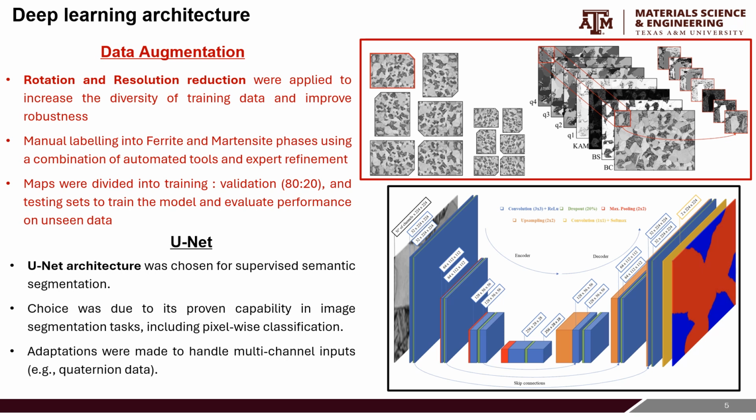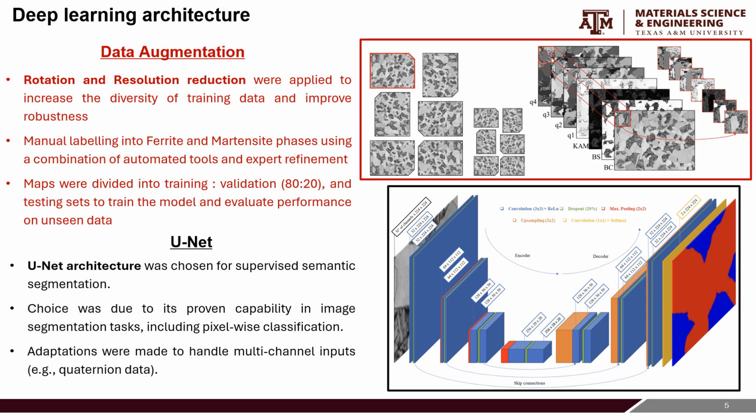So different types of input parameters like band contrast, band slope, kernel average misorientation, and quaternions were used to handle those multi-channel inputs. The main architecture of this UNet was the U shape with a contracting path. As you can see, it goes down with the classical convolutional neural network steps like convolution, then activation and downscaling, and then there's a symmetric expansive path which comprises convolution, activation, and upscaling.